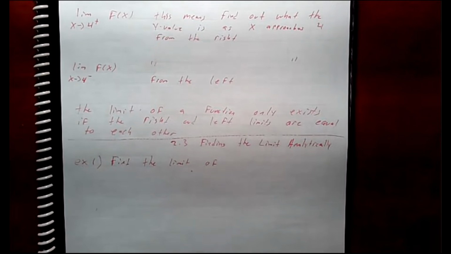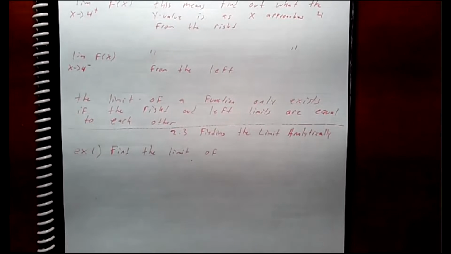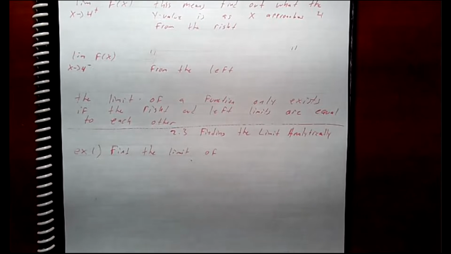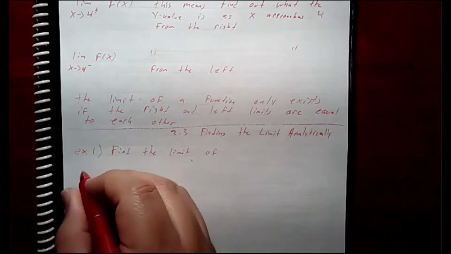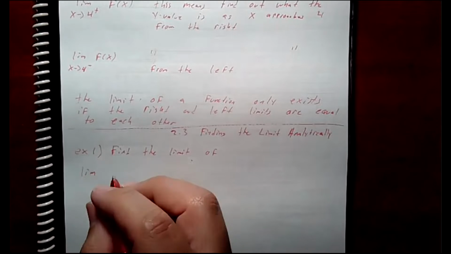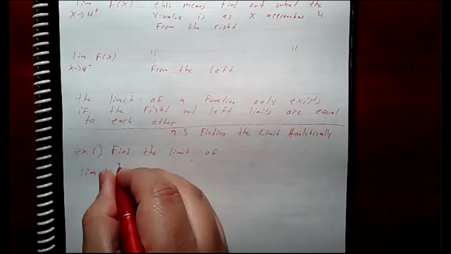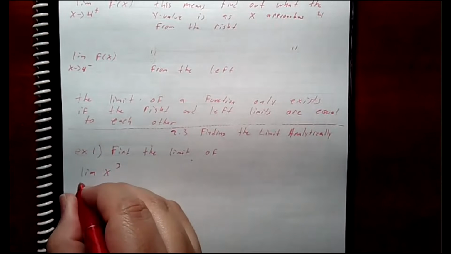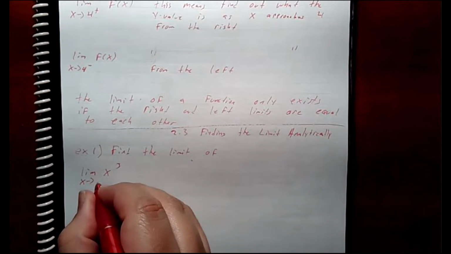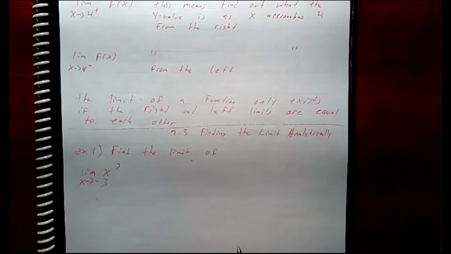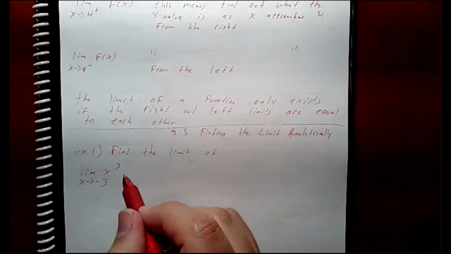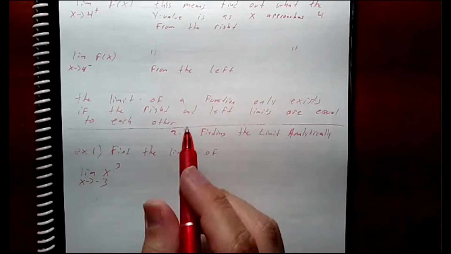I bought a lamp in order to remove the glare, but I don't know if it's darker. Is it okay so far? It seems good. I'll keep using the light then. So on this one, it says the limit of x cubed as x approaches -3.